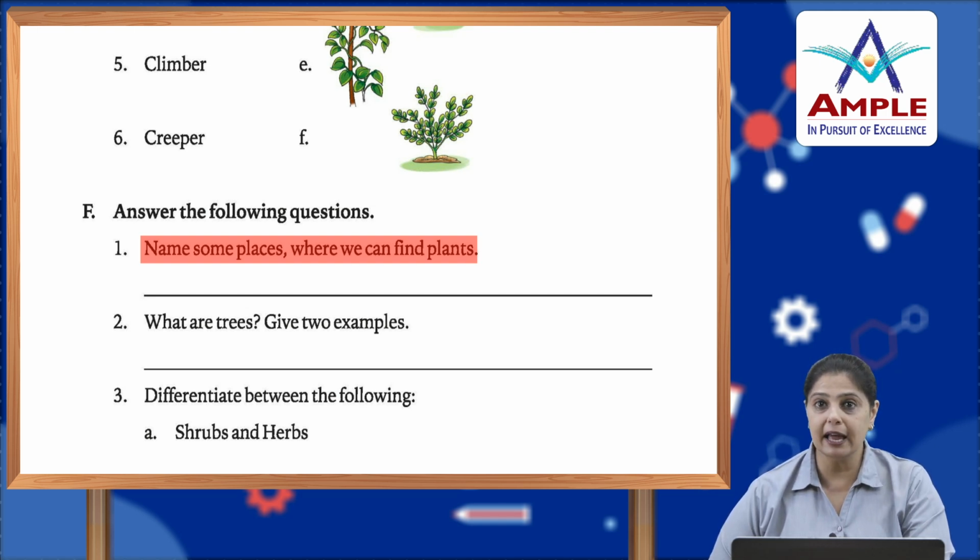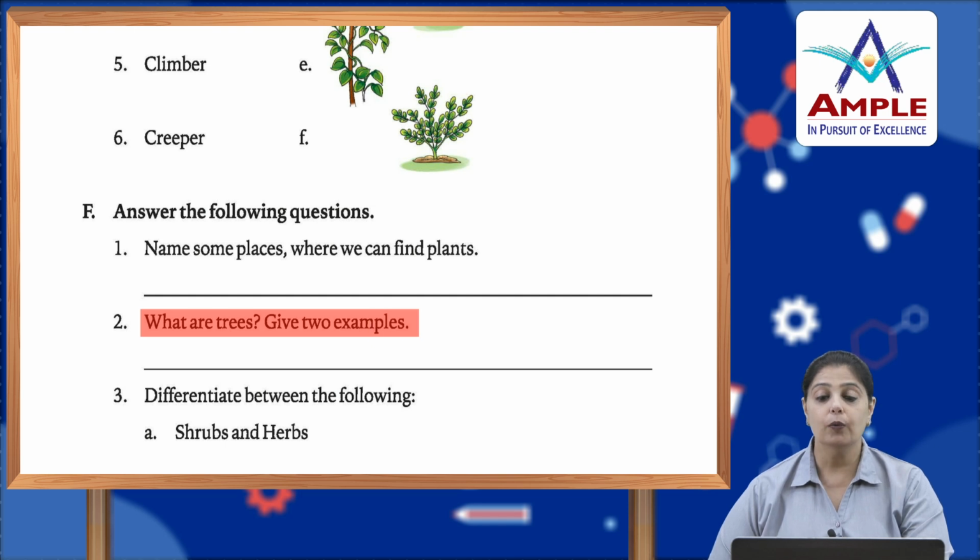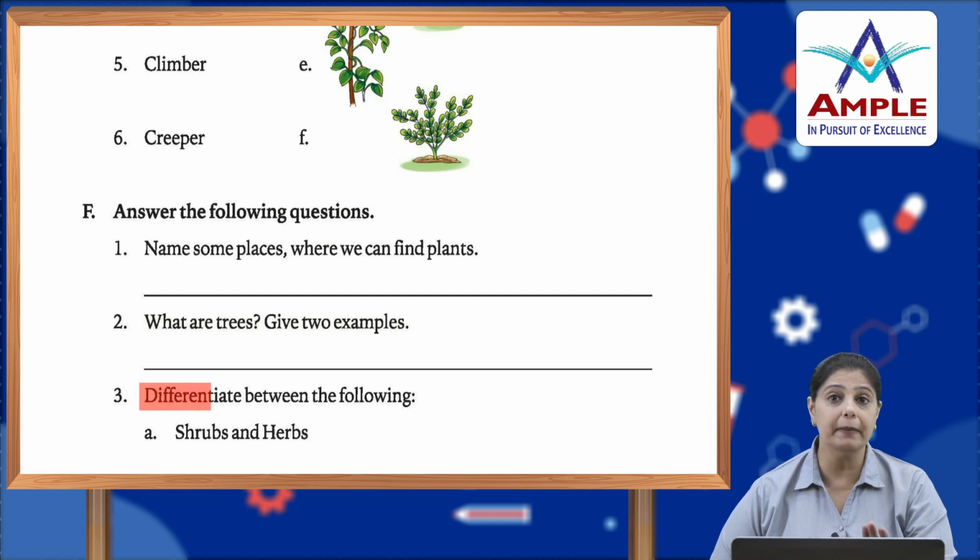So, some places can be on land, okay. We find plants in the water, in deserts, okay. What are trees? Give 2 examples, okay. Trees are big plants, okay, big plants with woody stem, okay, and 2 examples can be a mango tree or a banyan tree.